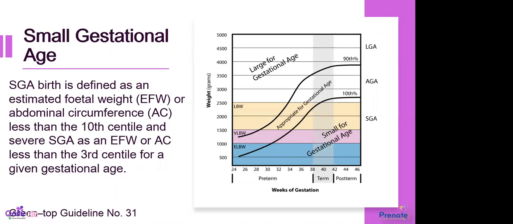So, small for gestational age is defined as the estimated fetal weight or abdominal circumference less than 10th centile, and severe SGA is the estimated fetal weight or abdominal circumference less than third centile for gestational age. So we can differentiate between severely SGA and normal SGA babies.